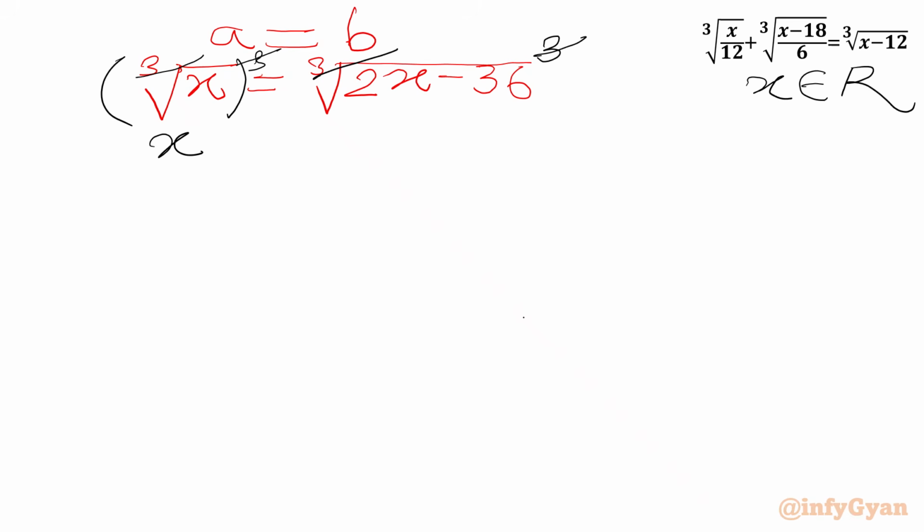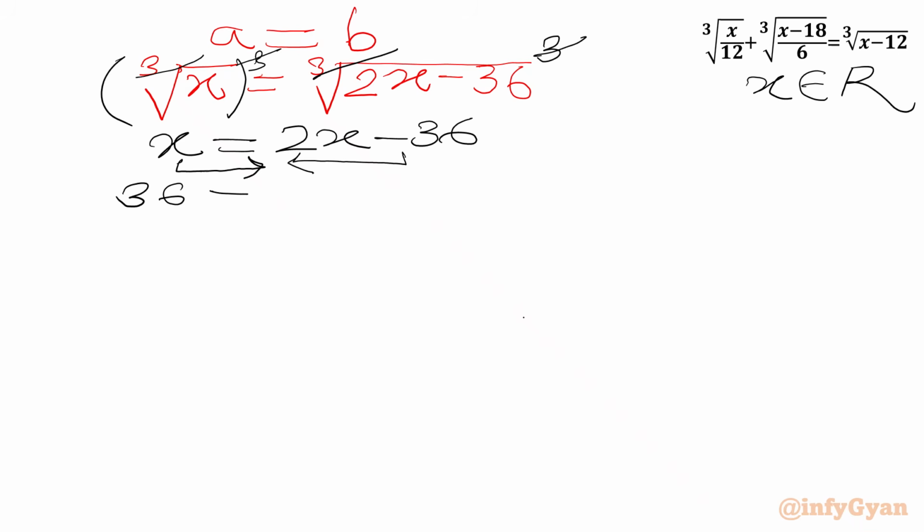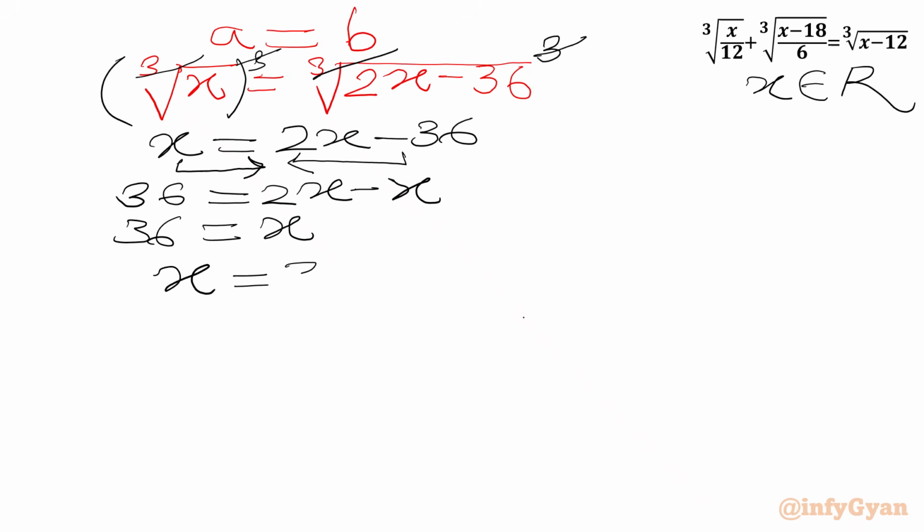So in LHS there will be x. In RHS we will get 2x minus 36. Now we'll take this minus 36 to the LHS and this x to the RHS. So we will write 36 equal to 2x minus x. Sign change will be there. So 36 will be equal to x. So our second real solution is x equal to 36.